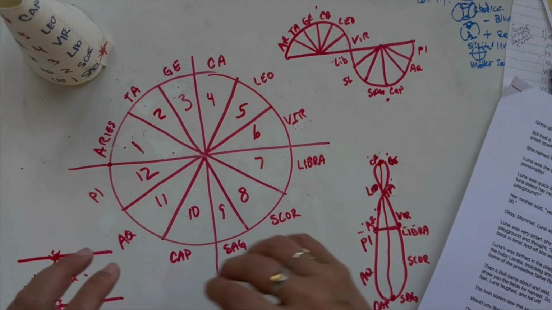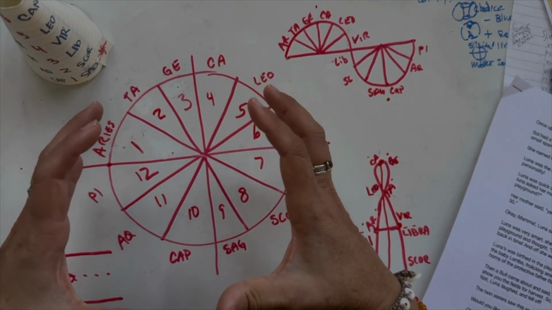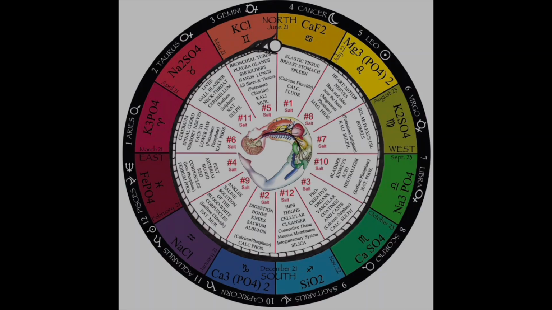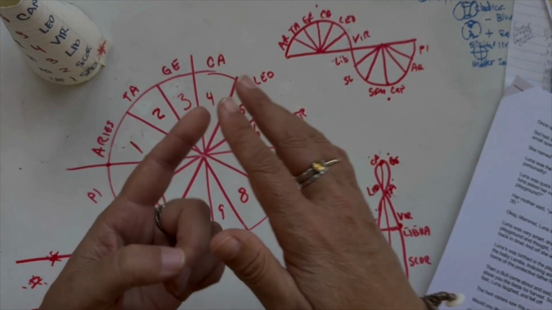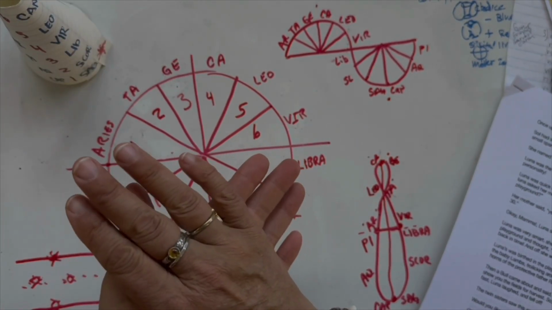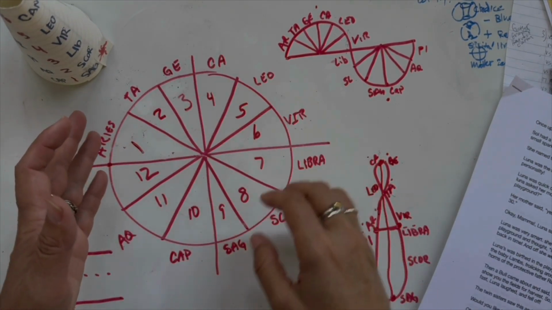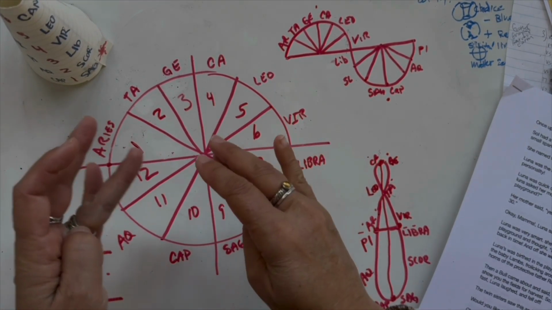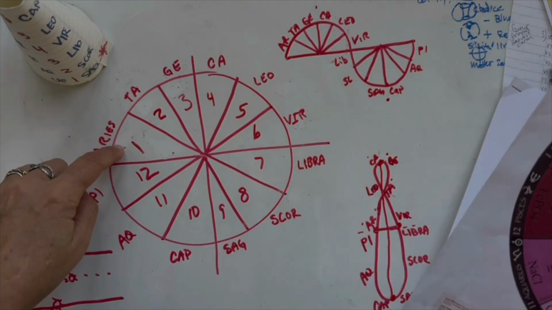So each of these positions has a mineral assigned to it. Just like the sun is gold and the moon is silver, and all the wandering stars have elements assigned to them, that's what's assigned to these positions, which also have constellations named after them.